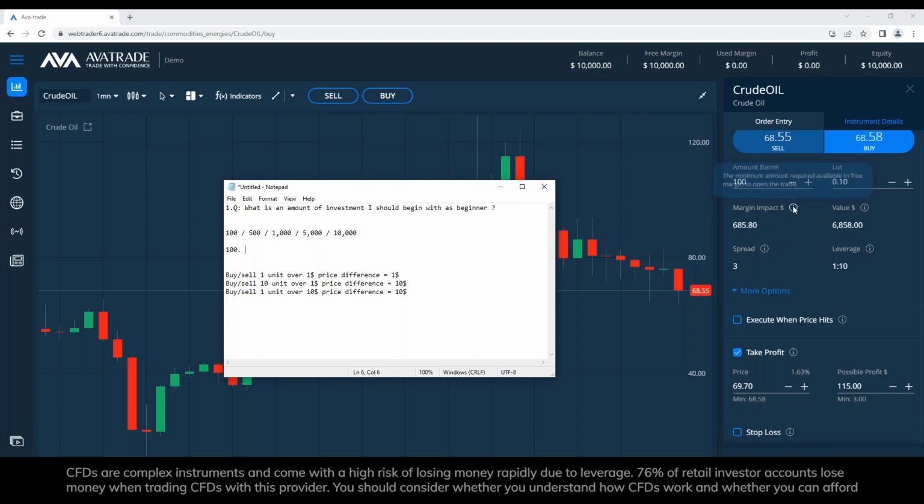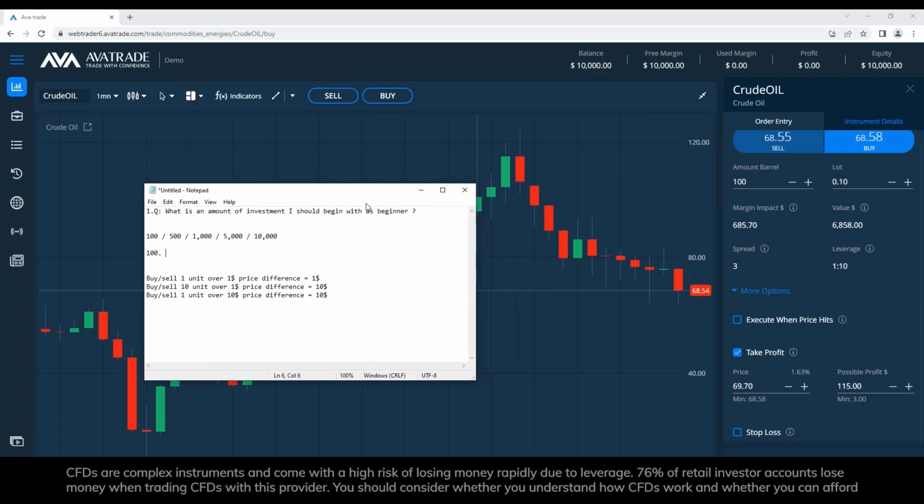I don't have enough. You see that if 1 unit costs 68, then 68 multiplied by 100, how much is that? That's 6,800, right?